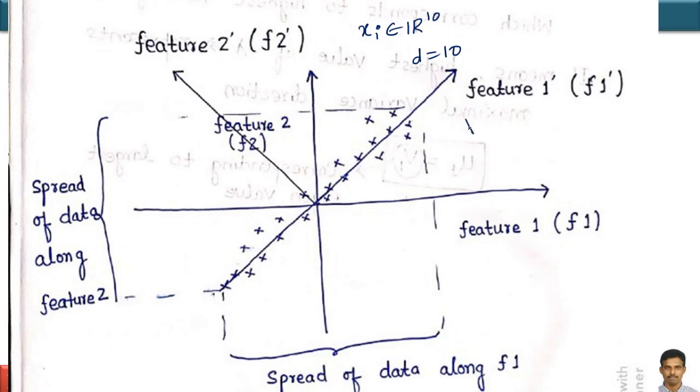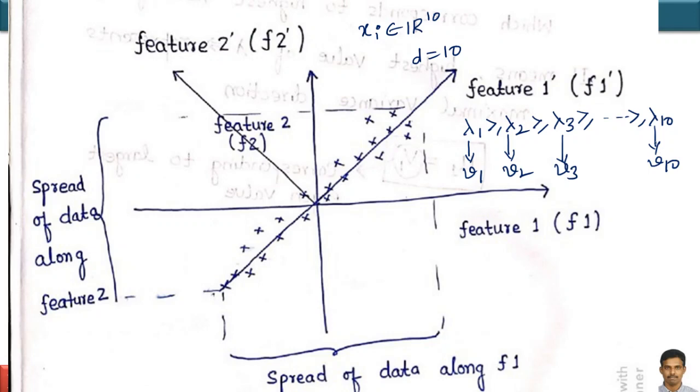You will get 10 eigenvalues, lambda 1 greater than or equal to lambda 2, greater than or equal to lambda 3, and so on, down to lambda 10. Correspondingly, you will have 10 eigenvectors. For lambda 1, I will get an eigenvector v1. For lambda 2, v2. For lambda 3, v3. For lambda 10, v10.